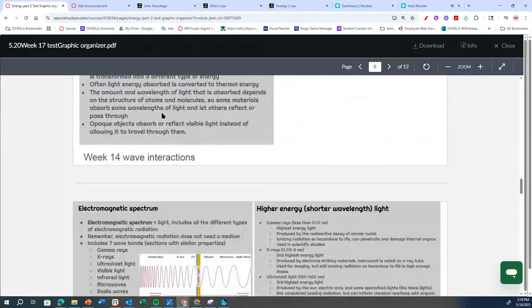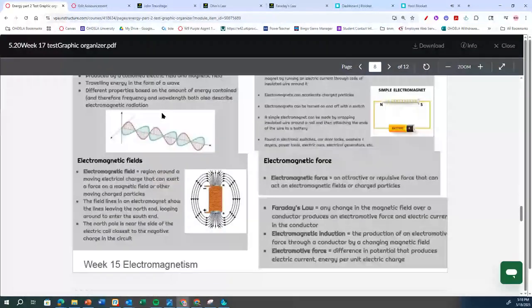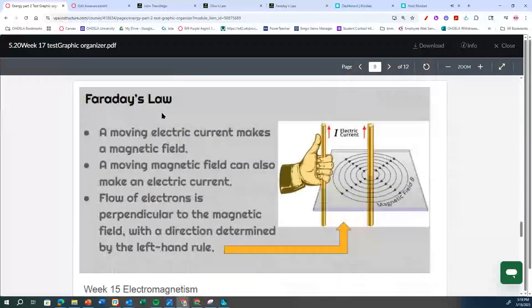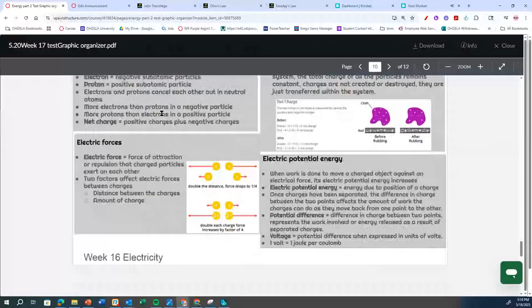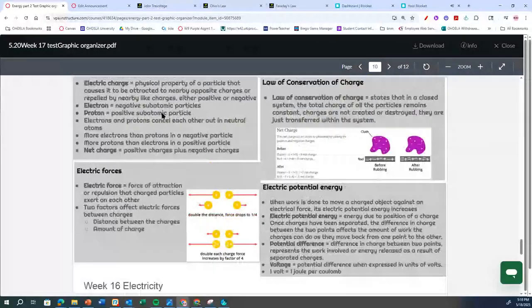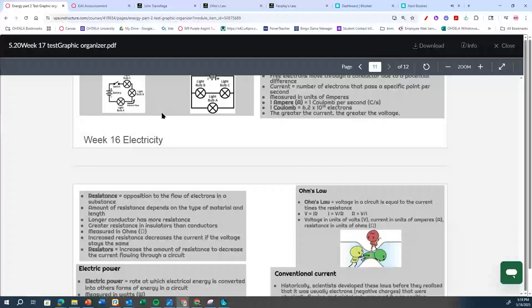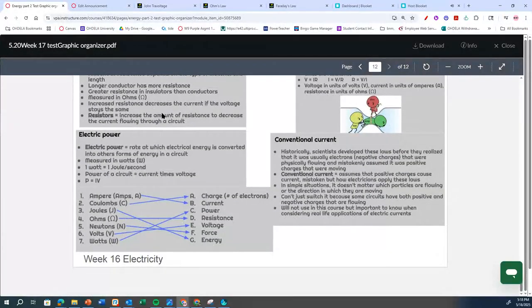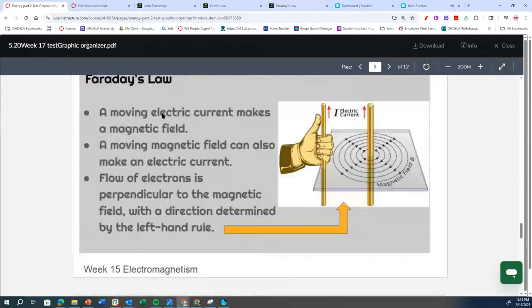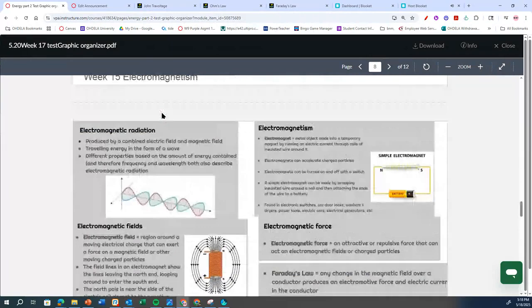And then week 15, electromagnetic spectrum, electromagnetic fields, and Faraday's law. And then week 16, electricity and circuits. So there's like 8 pages, 12 pages. Most of it is vocabulary.